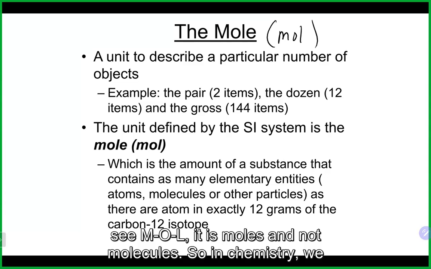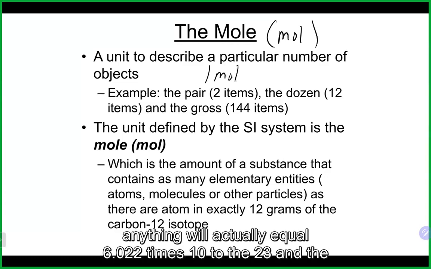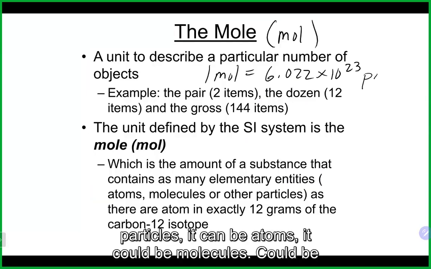So in chemistry, we have a word for that representation, and 1 mole of anything will actually equal 6.022 times 10 to the 23. And the units associated with this number do change. It can be particles.